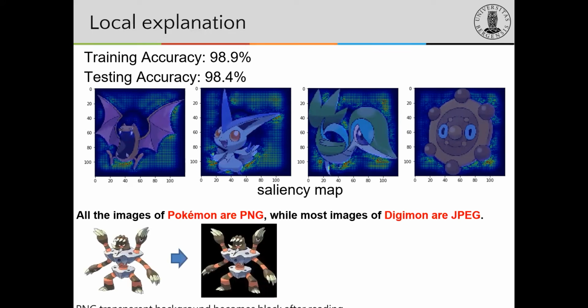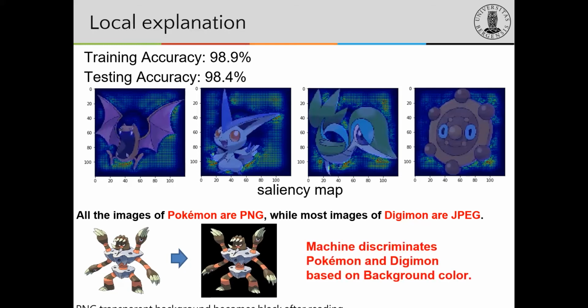The background of a PNG is transparent, so if you load it into the neural network, it's a black color. So the network just found that the black color means Pokemon. This is not correct. The machine discriminates Pokemon and Digimon by the background color. This also shows the importance of explainable AI.